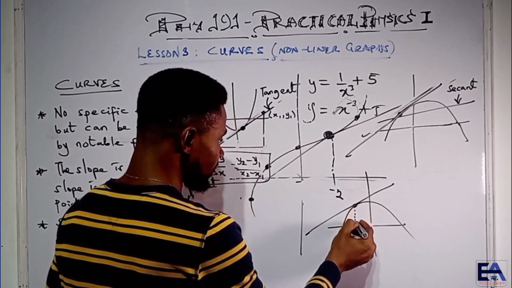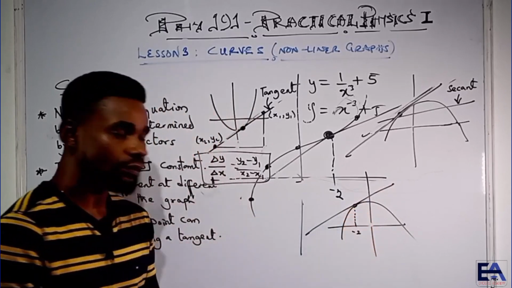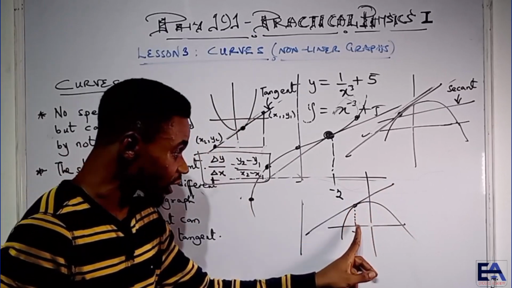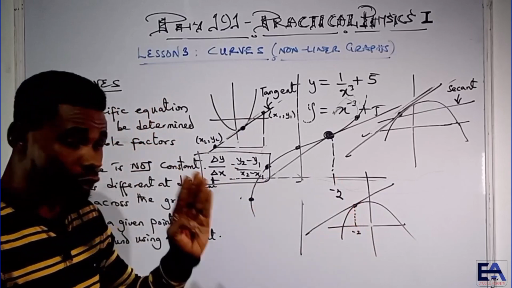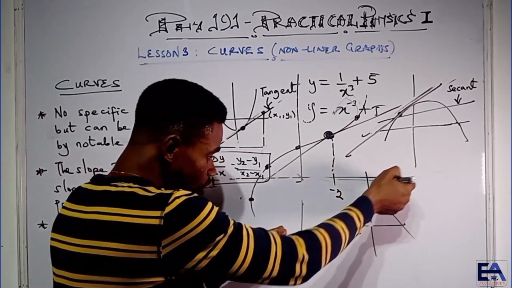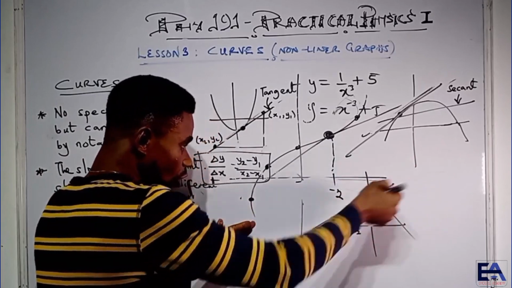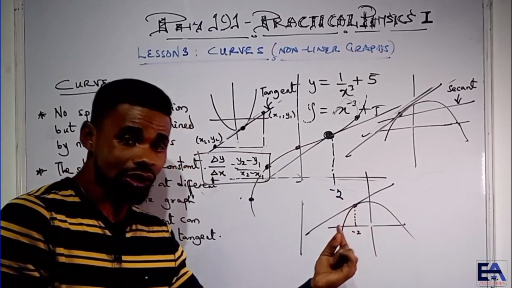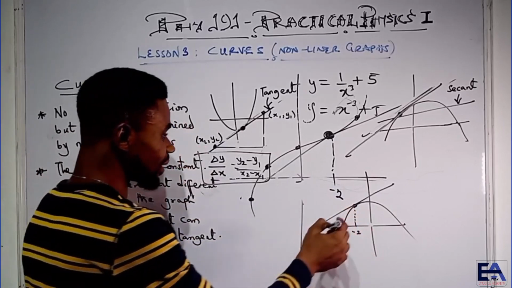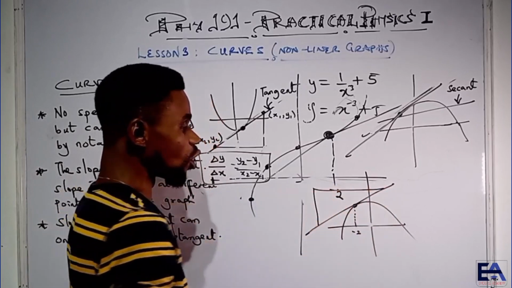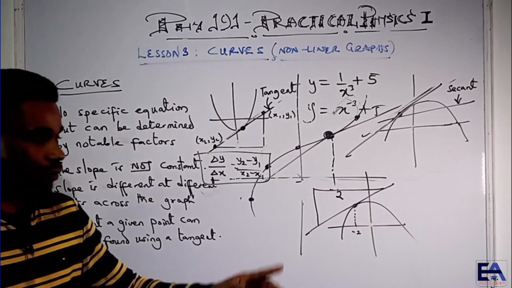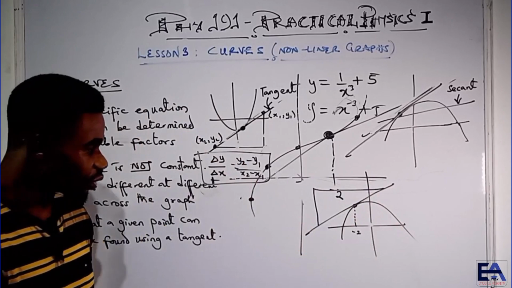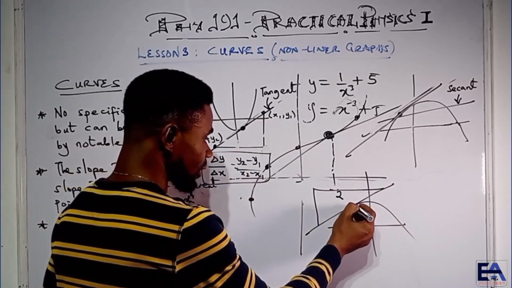Let's say in this case, at the point where x is -2. So if the question says, find the slope of the graph when x is -2, what you do is that at that specific point, position your ruler in such a way that you draw a straight line that touches the graph only at that point. Then the next stage is to find the gradient of that line. The result you get gives you the slope of the curve at that particular point.